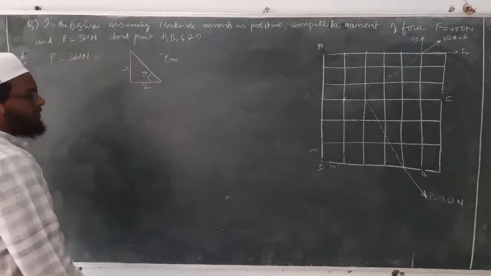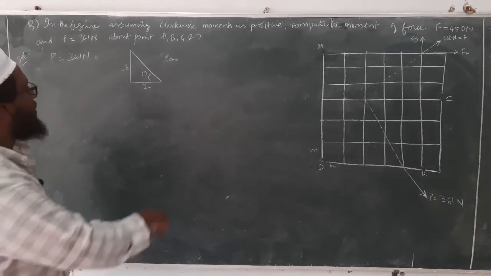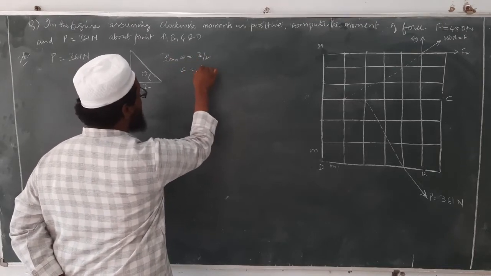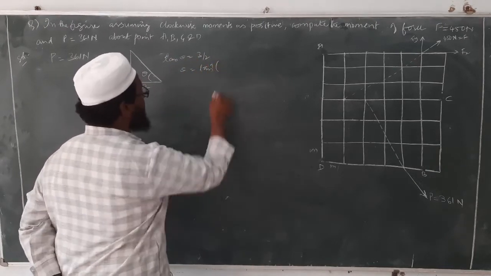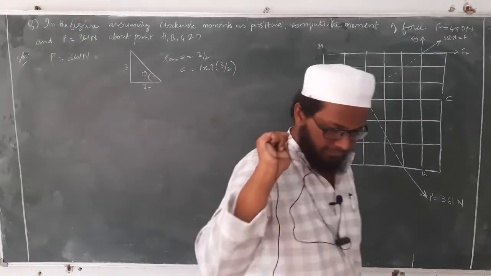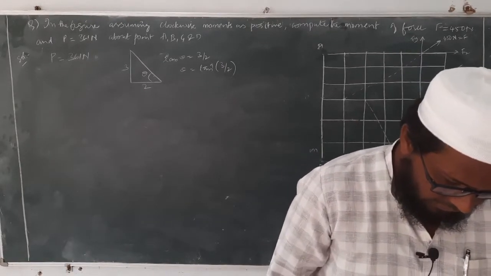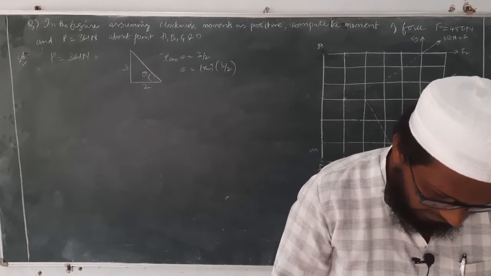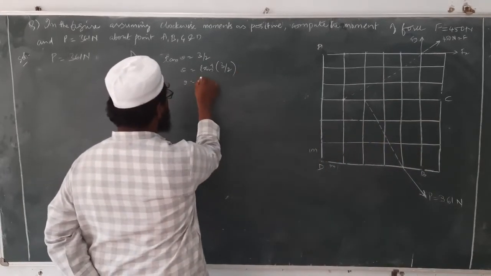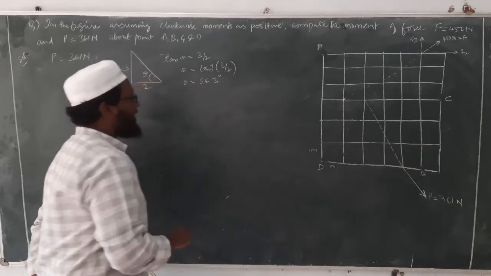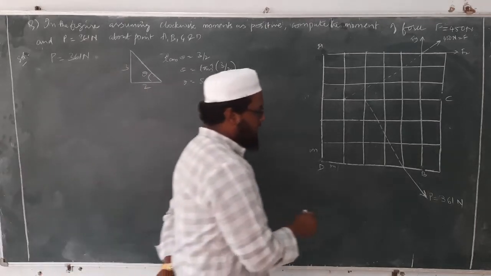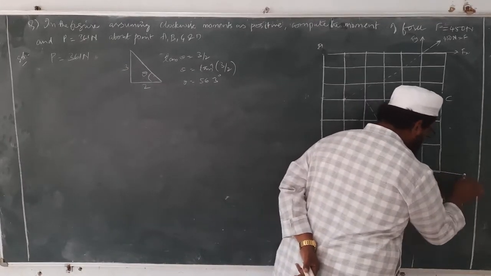If this is theta, then what will happen to your theta now? Tan theta is equal to 3 by 2. That implies theta is equal to tan inverse of 3 by 2. 3 by 2 is nothing but 1.5. So the value of theta, we got it as 56.3 degrees. Now with the help of this one, we can calculate the values of Px and Py, isn't it?